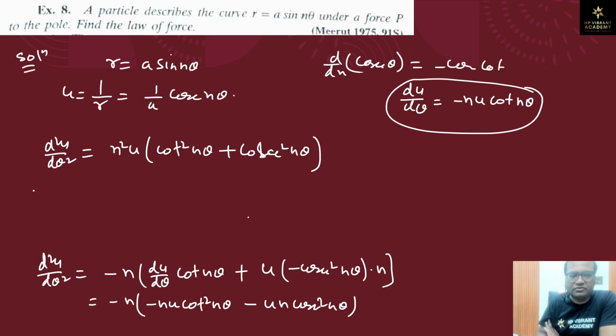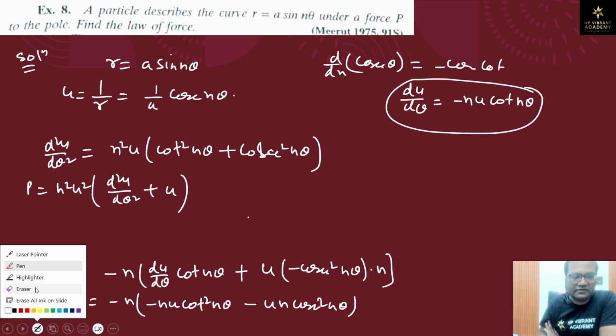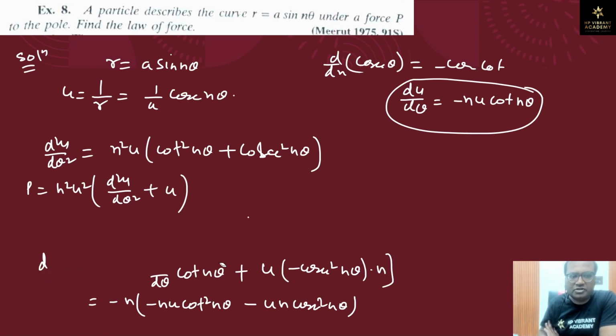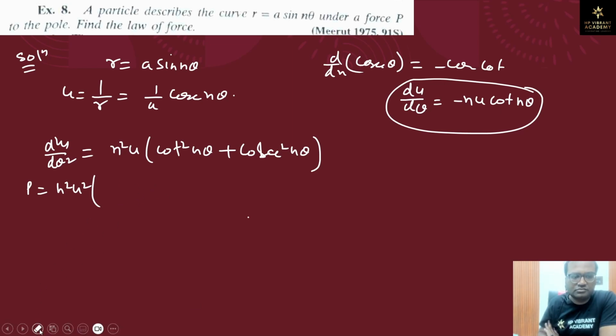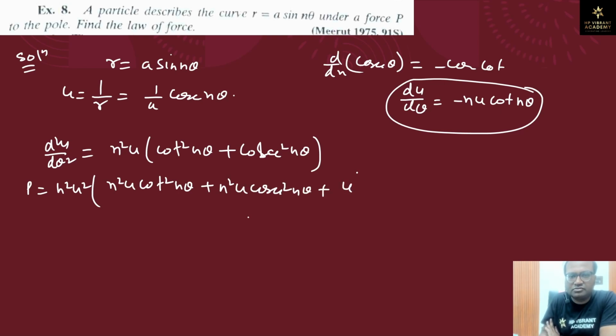Okay, so we have the differential equation of the central orbit in polar form as P is equal to h square u square into d2u upon d theta square plus u. So let us place the value of d2u upon d theta square. So we have n square u cot square n theta plus n square u cosec square n theta plus u.